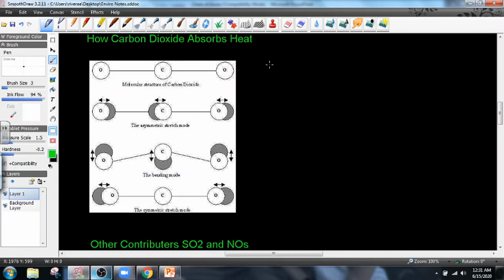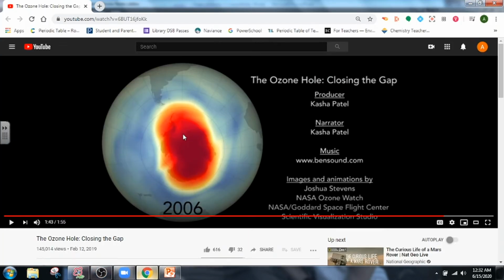the IR radiation coming off of the Earth has wavelengths around, oh shoot, you guys, I don't think I wrote down my IR wavelengths. Did I? Let's just Google it real quick.